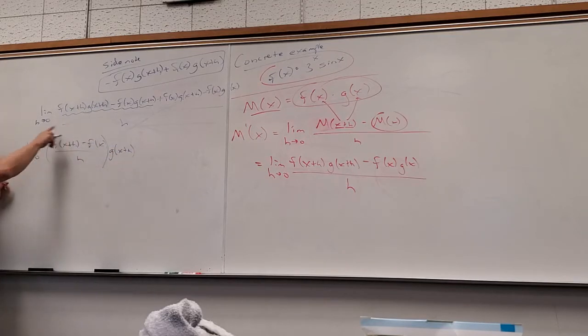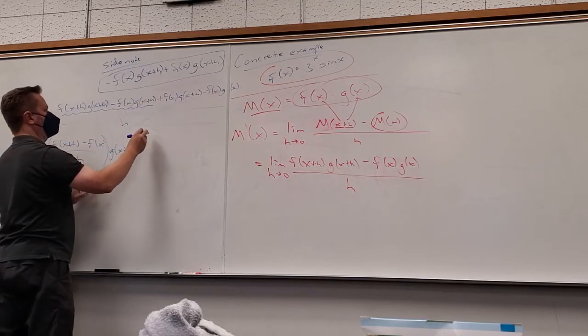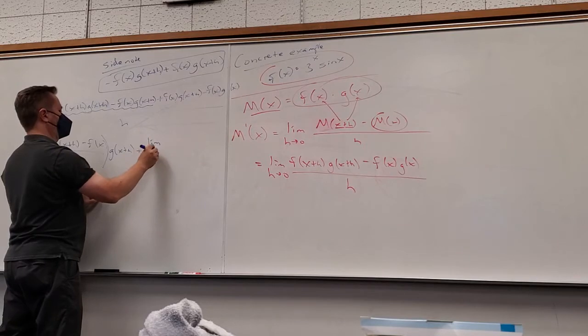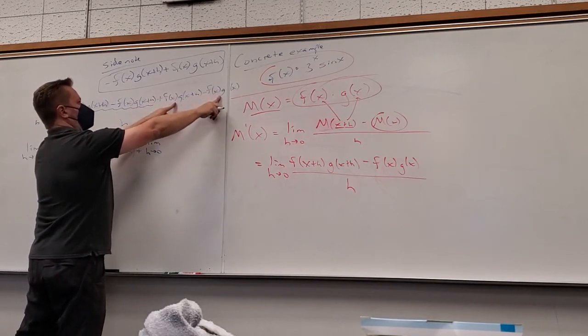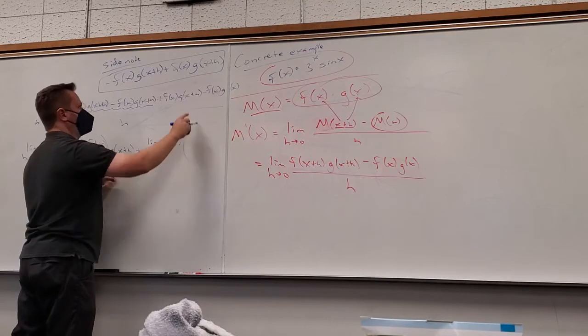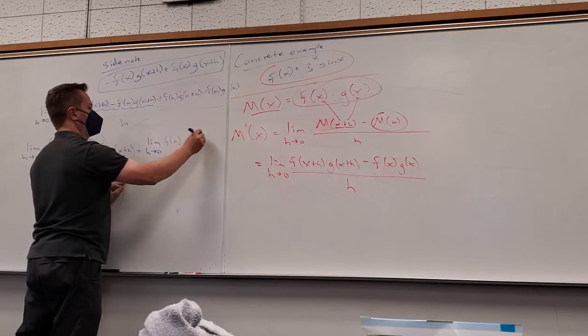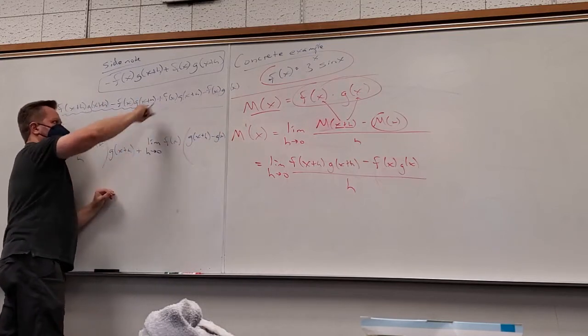Derivative of f of x. And over here I get plus the limit as h goes to 0. And what can come out of these two? f of x. Then I've got g of x plus h minus g of x over h. Everything's over h.